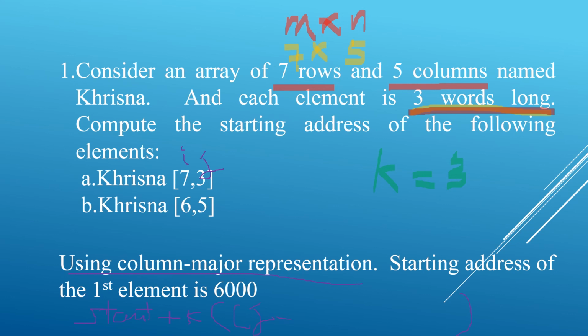For column major, j comes first: j minus 1 times n plus i minus 1. The starting address of the first element is 6000, therefore the value of start is 6000. I leave that to you. Compute it on your own for practice. Do A and B.